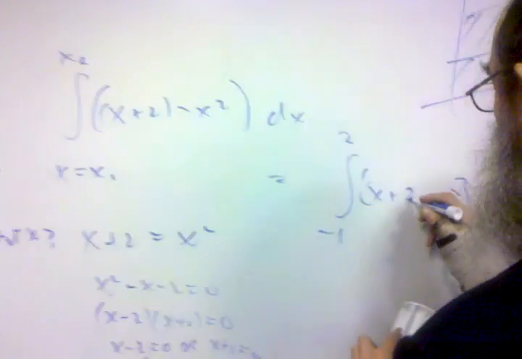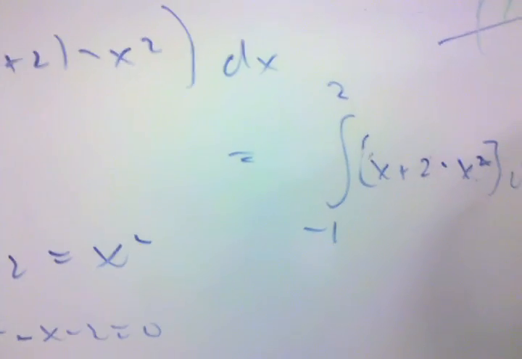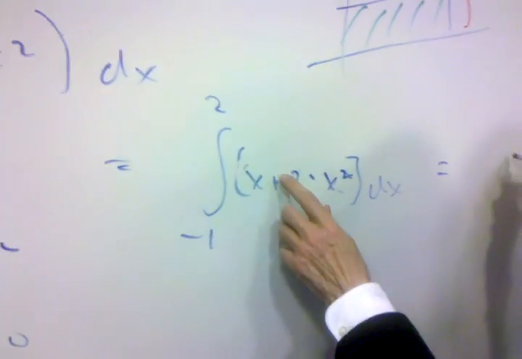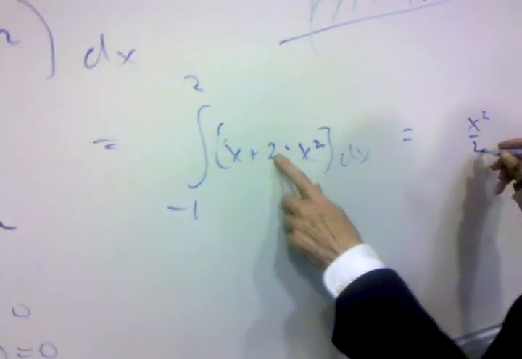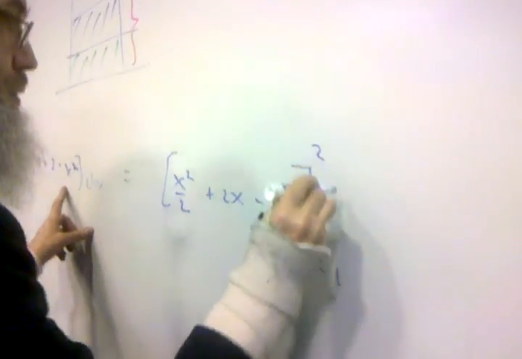To write that more clearly, x plus 2 minus x squared. This is going to be x squared over 2 plus 2x minus x cubed over 3. I want to take the bounds from minus 1 to 2.